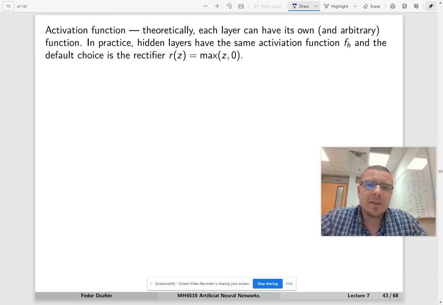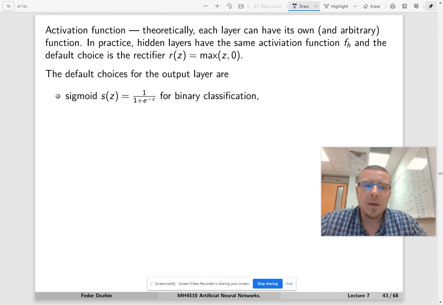Keras does not really have the possibility of using different activation functions for different units within the same layer. So it's always the same activation function for everything in a layer. But layer 2 and layer 3 and layer 5, hypothetically, could have different activation functions. But in practice, we just use the rectifier.